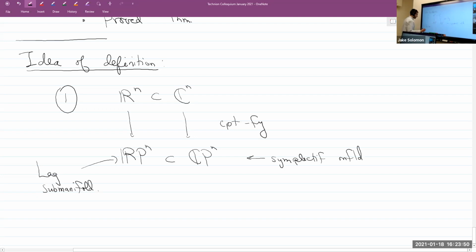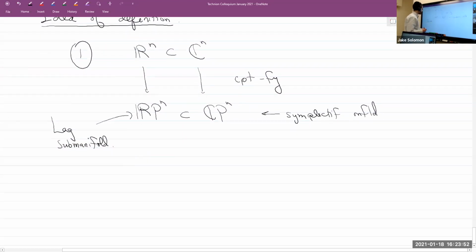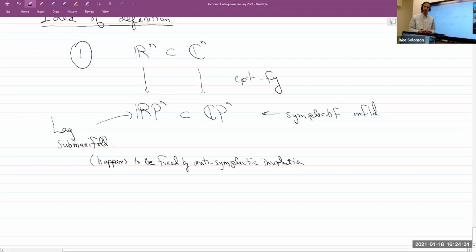Okay. So you could say, in this particular case, it happens to be fixed by an anti-symplectic involution, and you might or might not think that's relevant.